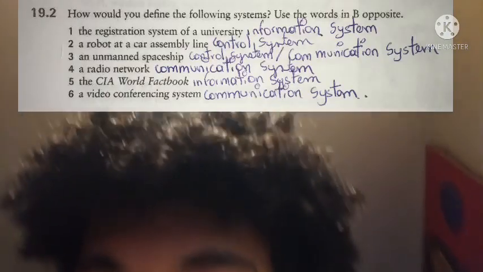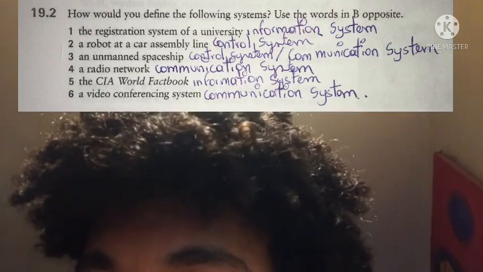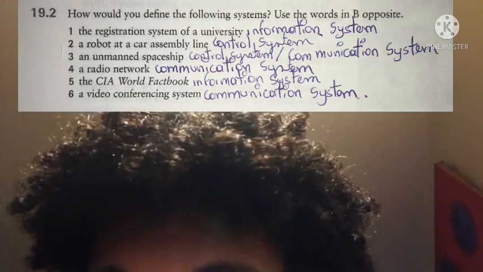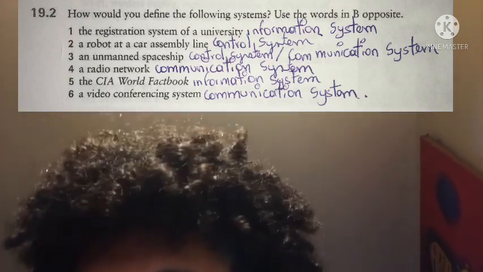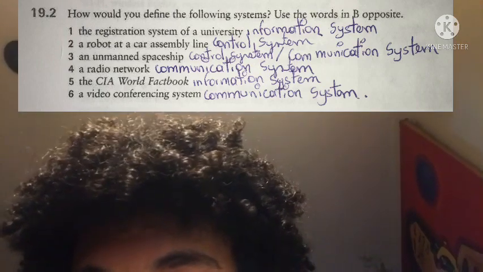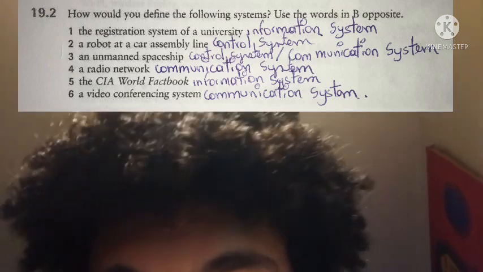19.2. How will you define the following systems? Use the words opposite. 1. The registration system of a university. Information system. 2. A robot at a car assembly line. Control system. 3.